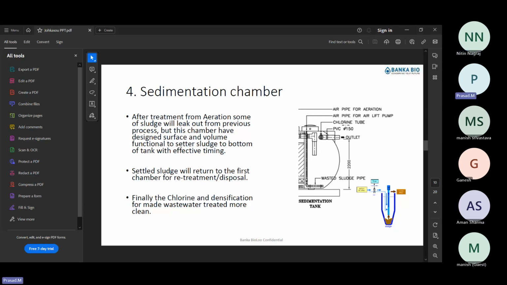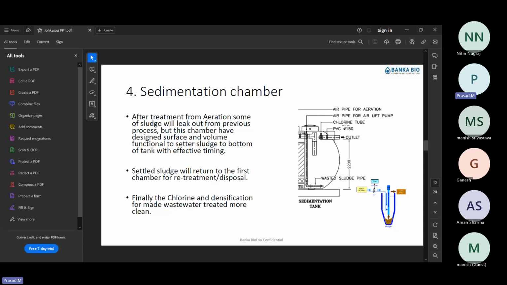So our single blower will perform the job. It means if you install the Johkasou system underground, then you require only and only a blower. You don't require any pumps.